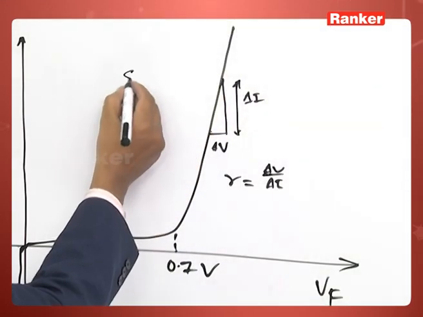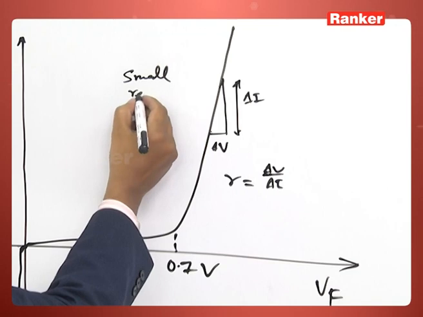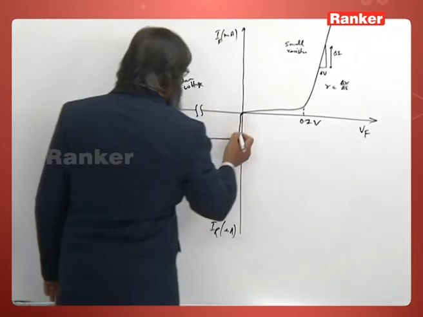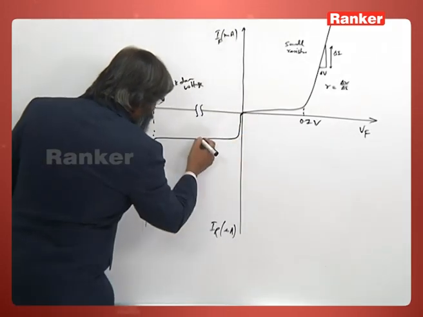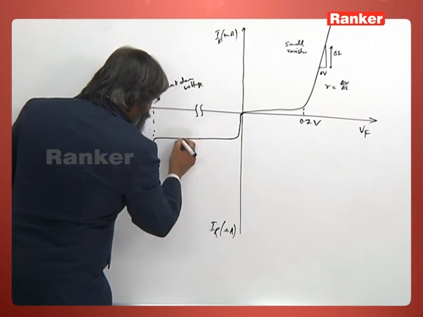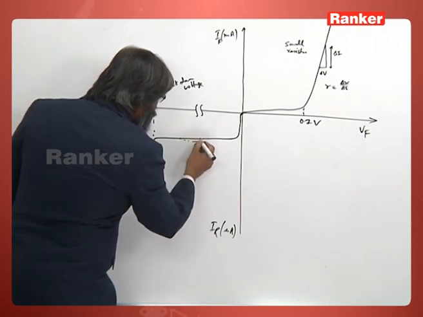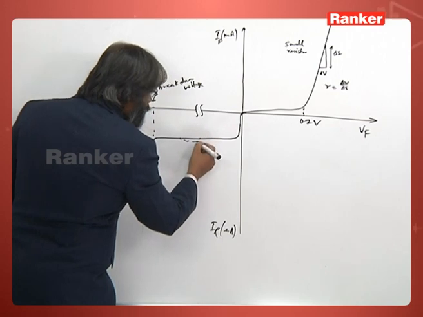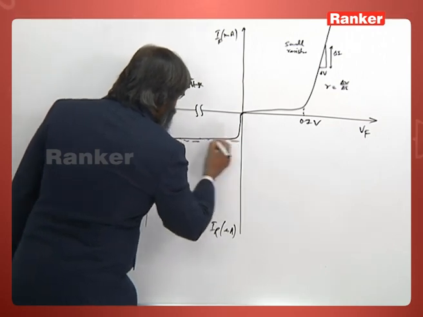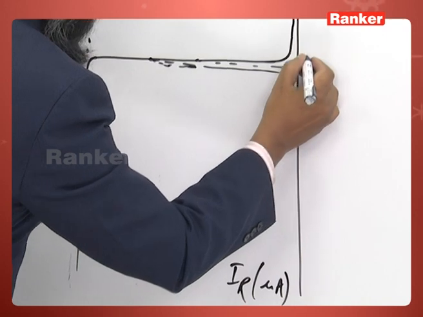Forward resistance means small resistance. And what about the reverse region? You select a point here and a point here and just see the difference. This difference is very small.